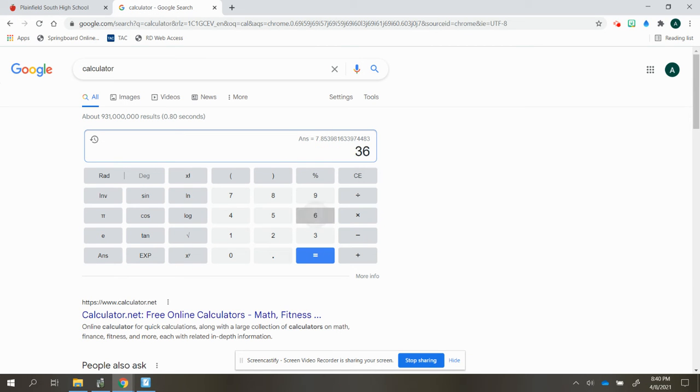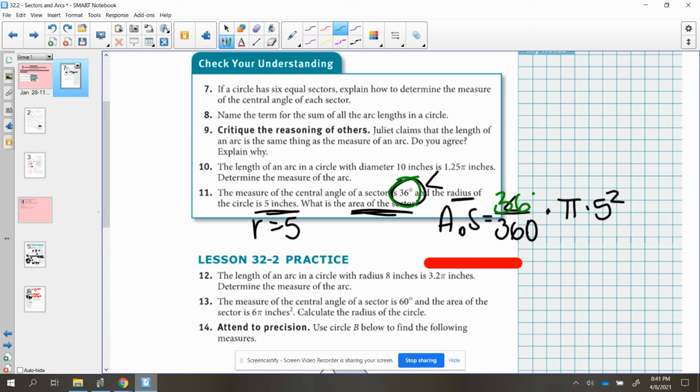We're going to take 36 divided by 360 times pi times that radius value squared, which we would square using this caret here. We get 7.9. And again, this time it's going to be feet squared, since this is dealing with the area.